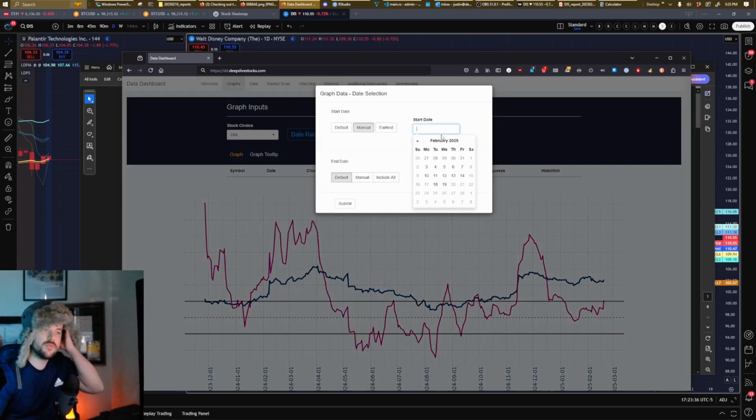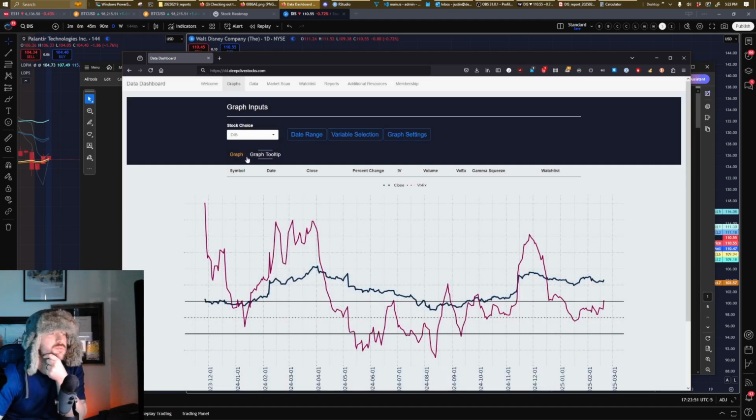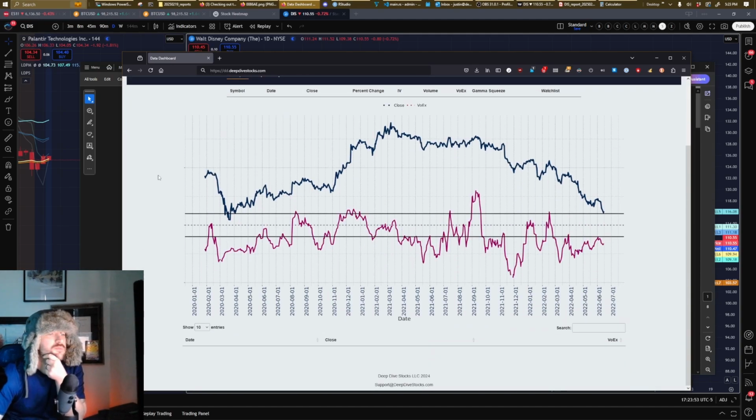I want to say it was, when was this? And one of the classic ways of looking at this is through what's called Vorex divergence. I feel like it had to have been in between 2020 and 2022.